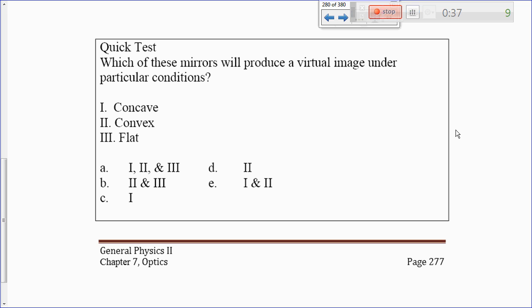But which of these mirrors, concave, convex, or flat, will produce a virtual image?